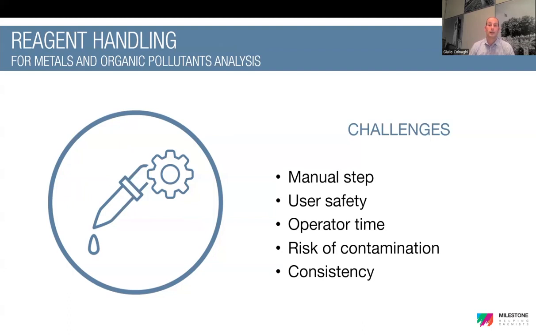It also requires a lot of operator time, and also here during the addition of the reagent we can face contamination. Plus, since it is a very repetitive operation, it can suffer from inconsistency, and therefore you can face issues at the analysis later on.